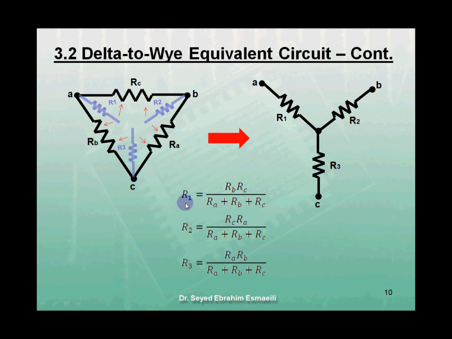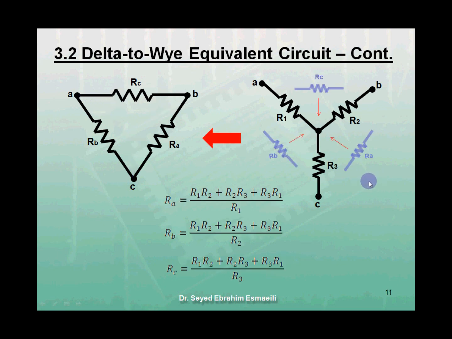That is, R1 equals RB times RC over RA plus RB plus RC. R2 equals RC times RA over RA plus RB plus RC, and R3 equals RA times RB over RA plus RB plus RC.